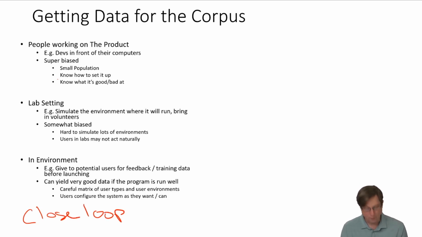we have a 4th way to get data, which is even better in terms of having users using the product the way they're intending to use it and getting natural feedback on, is the product working? How's the user responding? Are they getting the outcomes that they want to get? Something like a spectrum here of things that you can do. In general, you're going to end up doing all of these if you're doing a corpus-based approach.